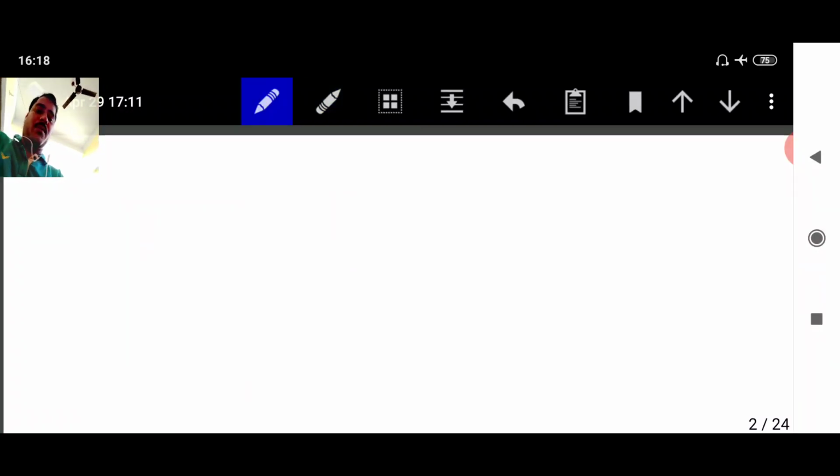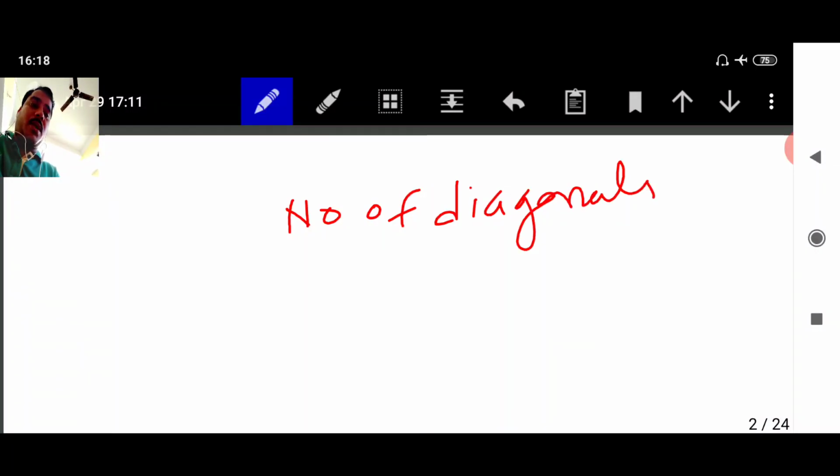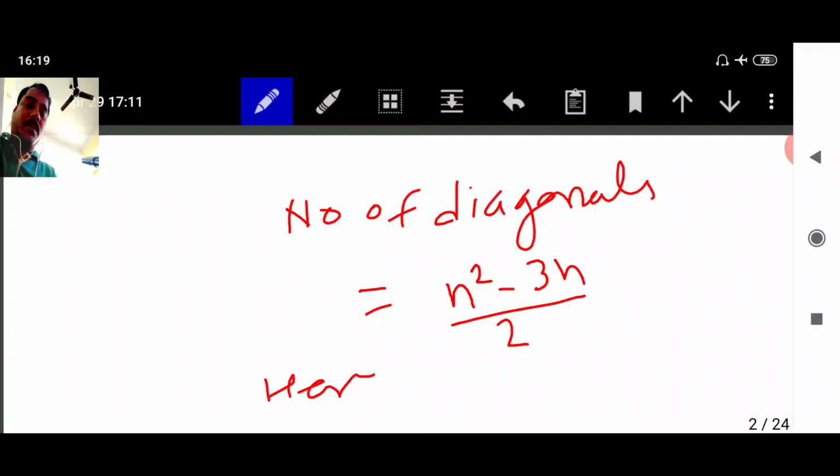because in formula it is clearly mentioned that number of diagonals equal to n square minus 3n upon 2. Here n equal to 4, n number of sides.